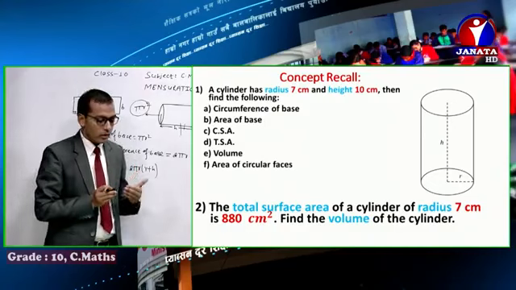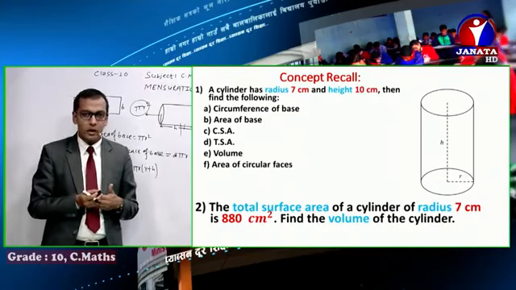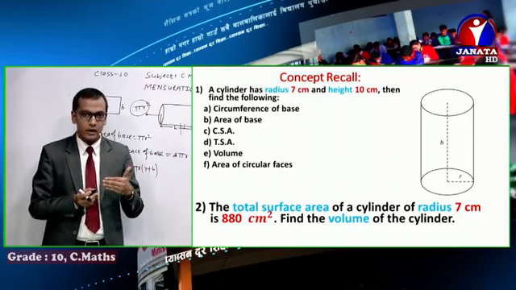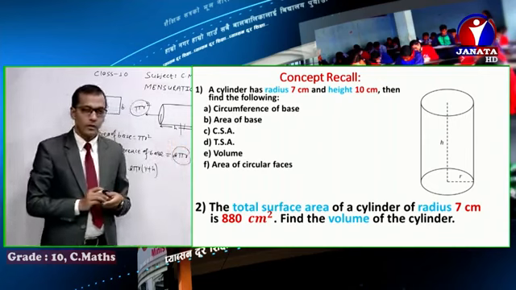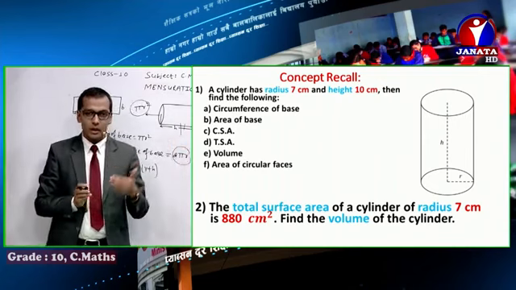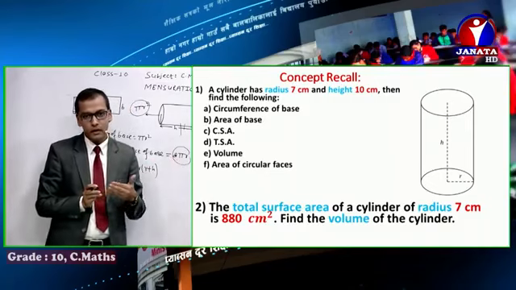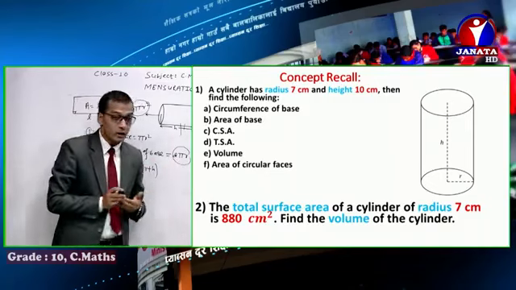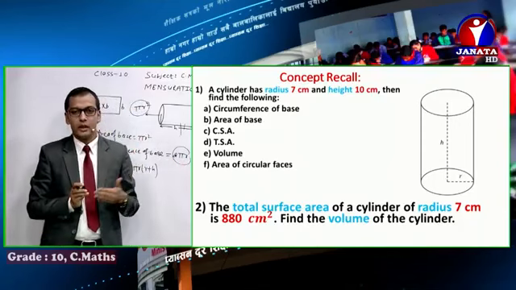First is the circumference of the base. We know the circumference of the base of a cylinder is 2 pi r. The radius is 7 and the value of pi is 22 over 7. So we can simply find the circumference.